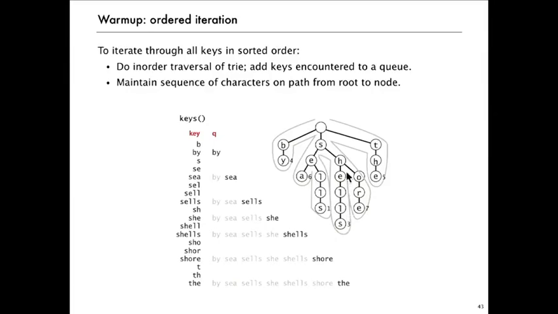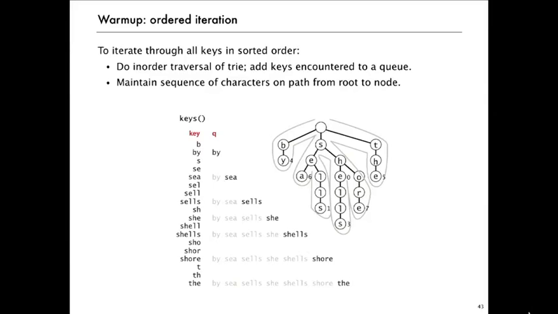Drop all those values down to the H and get SHO, SHOR, SHORE, find a value and put shore onto the queue. And then finally T, TH, and THE, and find a value and put the on the queue. So it's very easy to keep track of the sequence of characters on the path from the root to every node, and at every node check for a value and throw it on the queue.